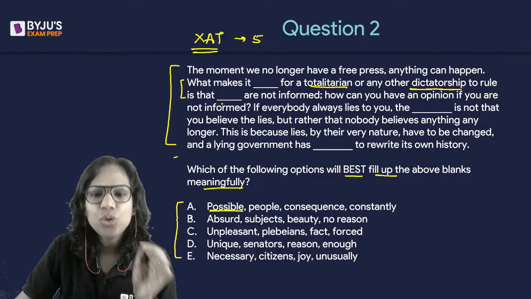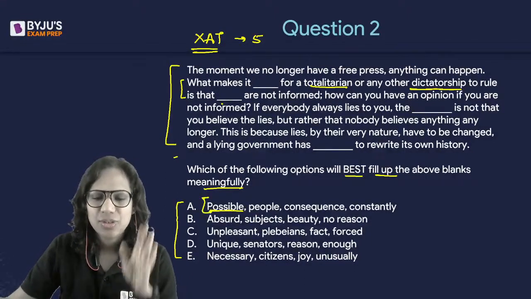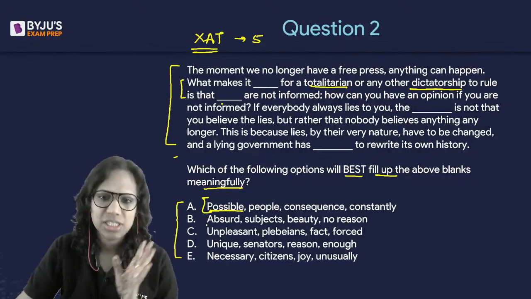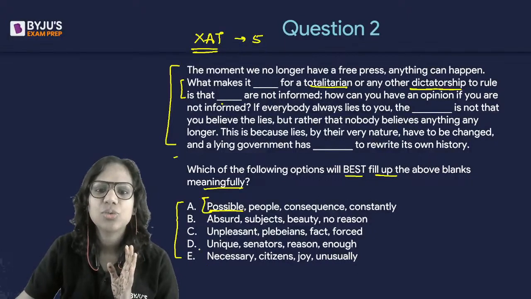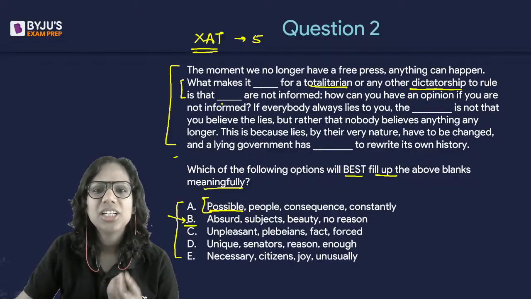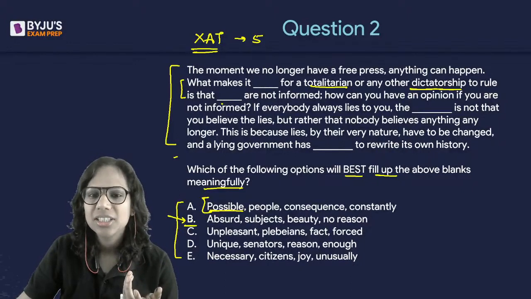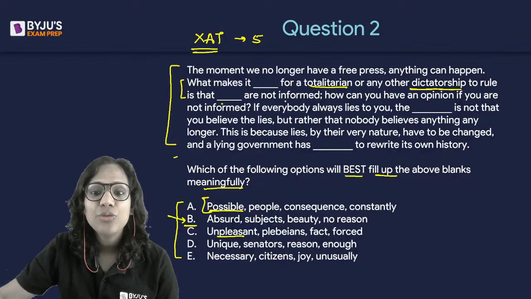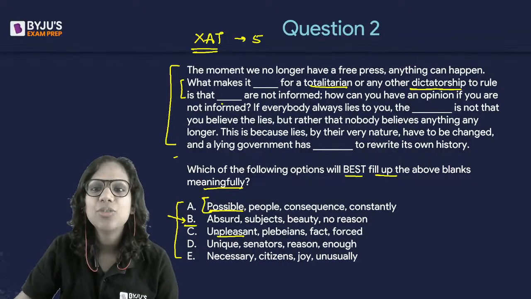And if you look here, right at the first blank, the other options are not even close. What makes it absurd? Absurd is something that does not make sense logically, right? Unpleasant. No, that will not make it. If people are not informed, it will not be an unpleasant thing for the dictator.